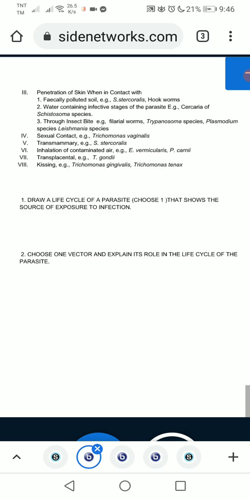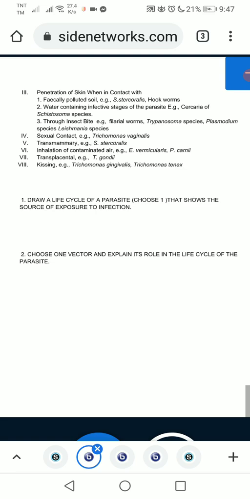Okay, we have also skin penetration. Okay, from Strongyloides stercoralis or the hookworm. Water-containing infective stages of the parasite, for example, the cercaria of Schistosoma species. We have also through the insect bites. Okay, for example, we have filarial worms, Trypanosoma species, Plasmodium species, Leishmania. Okay, and we have also sexual intercourse.